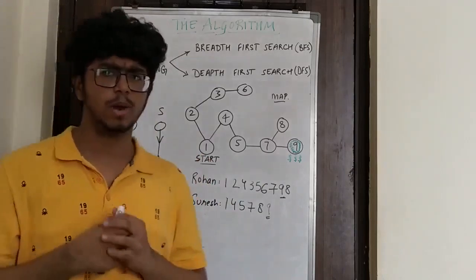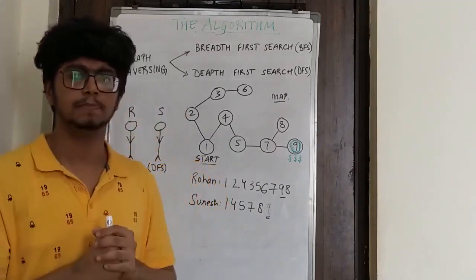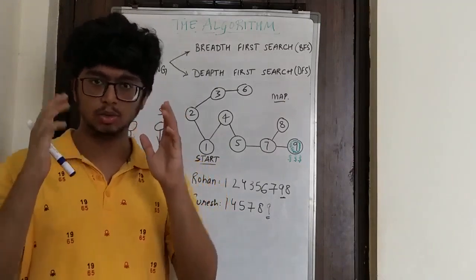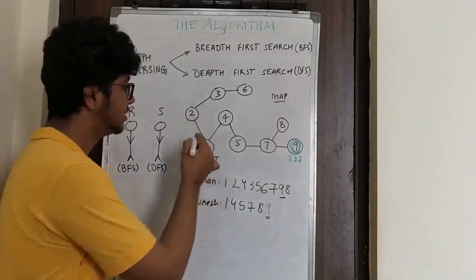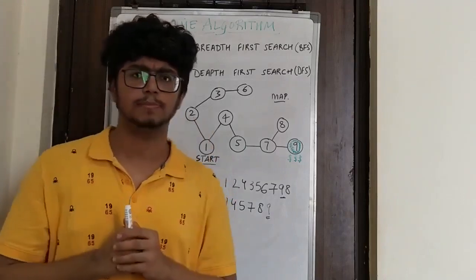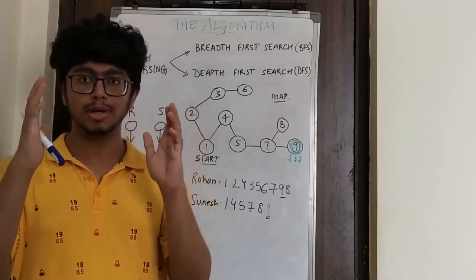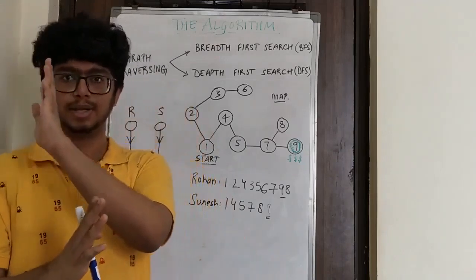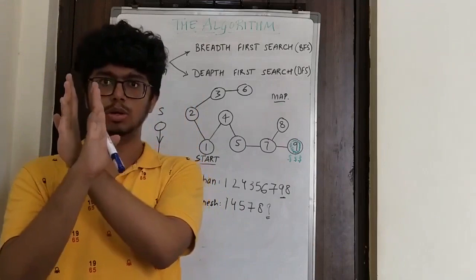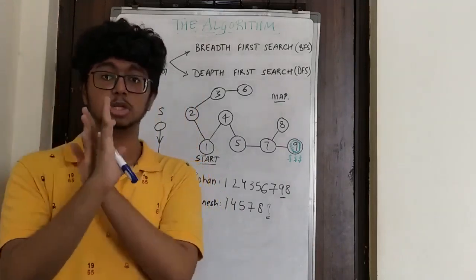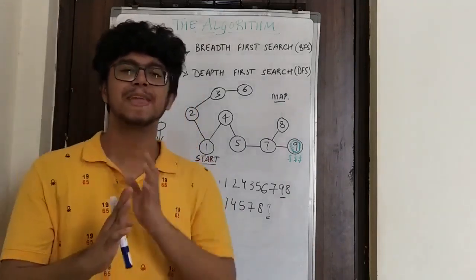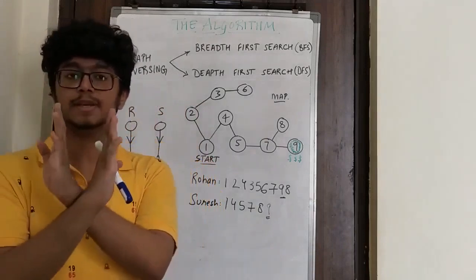Now why stack and why queue? Let us look at an example. 1 and 2 are two nodes, right? This is 1 and this is 2. And I'm starting with 1. Now Rohan uses BFS, the queue, so Rohan puts 1 first and he explores 1 and he finds 2. Again we have other nodes, but let's just take 2 for now because I just have 2 hands. So 1 and 2, right? This is BFS.